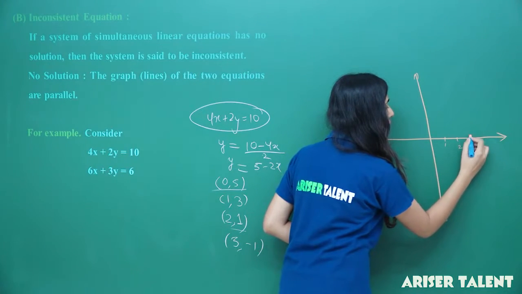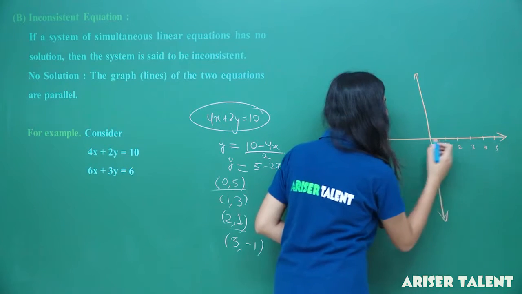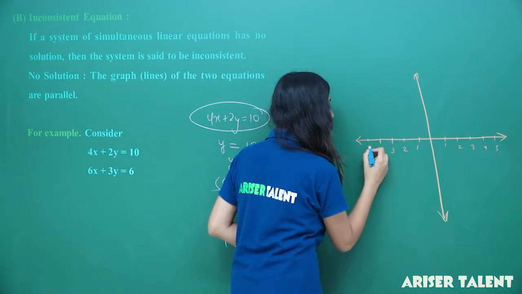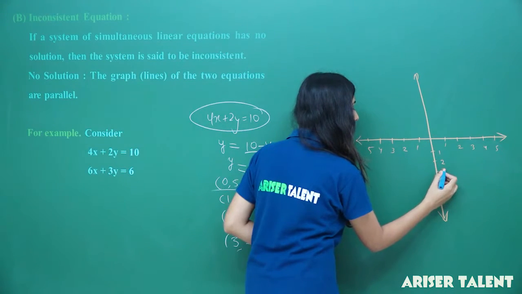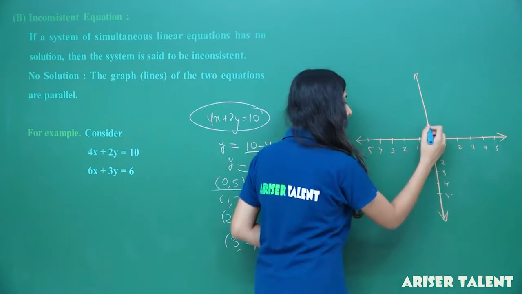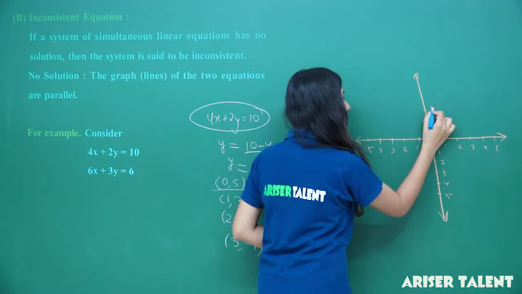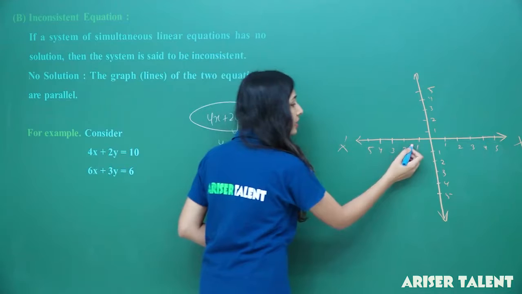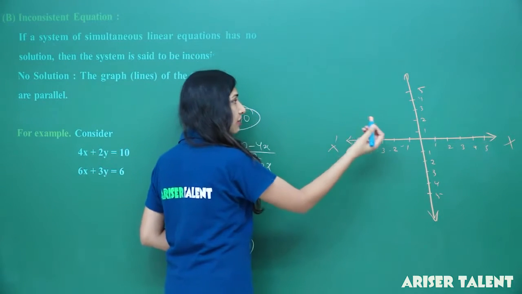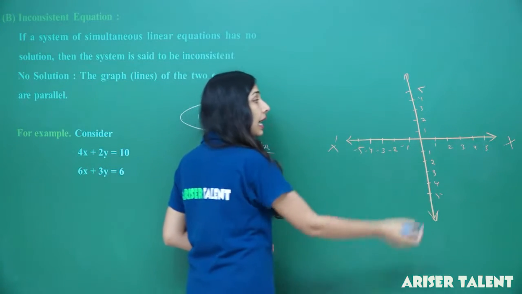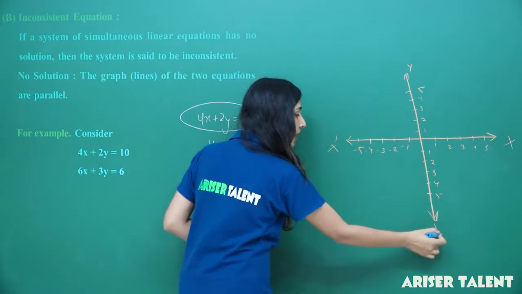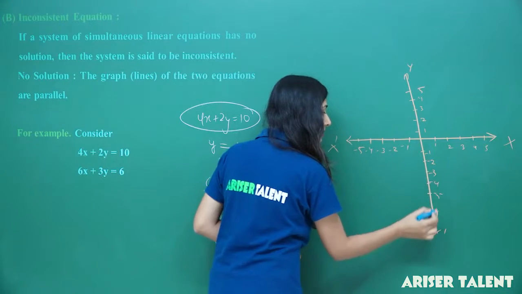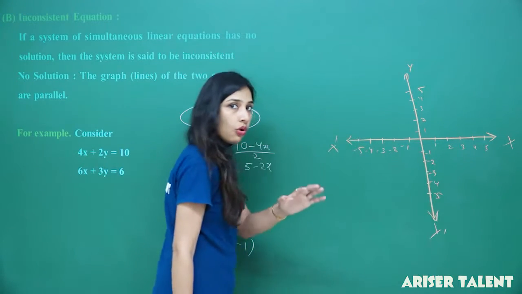This is 1, 2, 3, 4 and 5 here, and here it's 1, 2, 3, 4, 5. Now students, this is x and x dash, so that will be minus 5, minus 4, minus 3, minus 2, minus 1, and it's y and y dash, so that will be minus here, right students, you know all this.